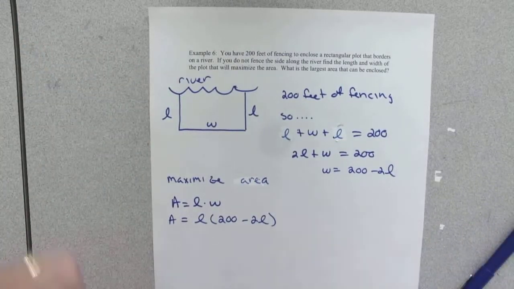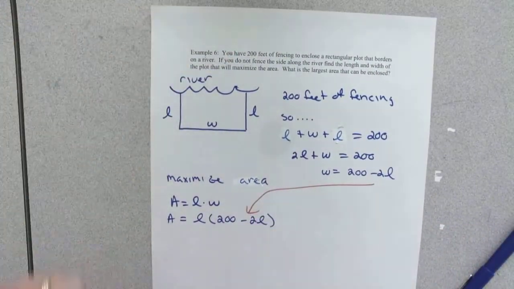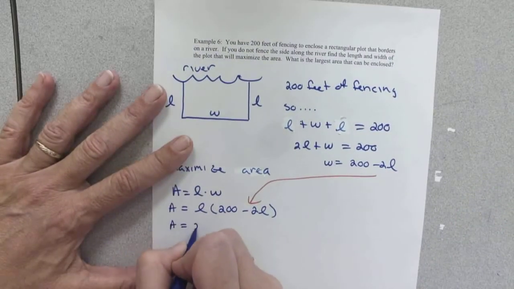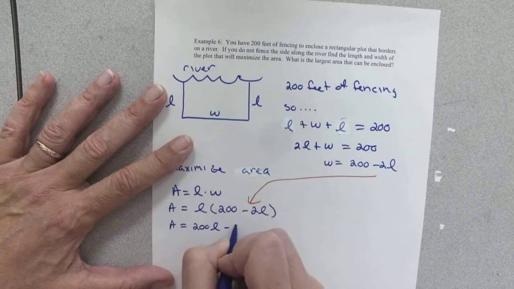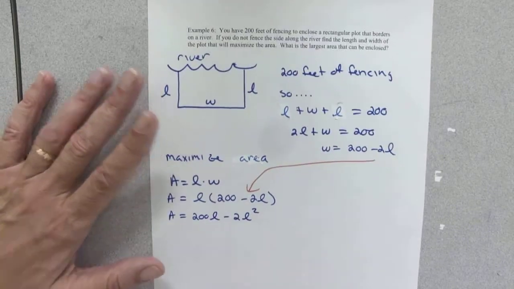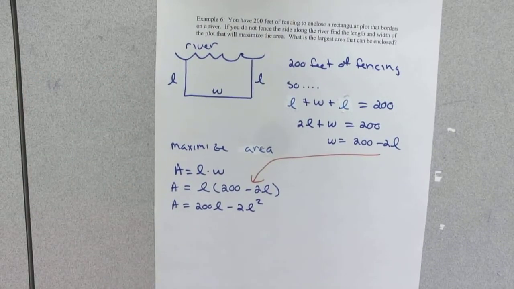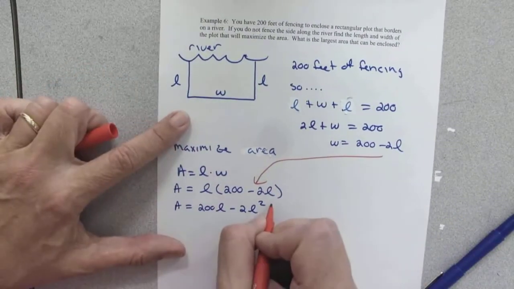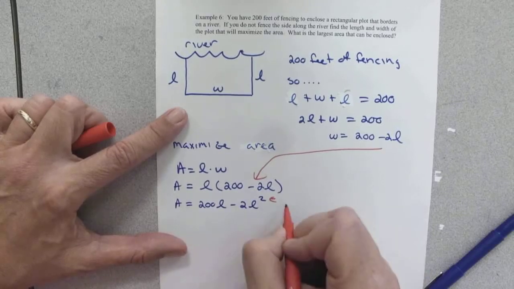And then I can take that over here, and we'll see why we did this in a minute. So I can just bring that over here, and then I can multiply this out. And if you don't like L's and W's, feel free to use X's and Y's. I just went with L's and W's because we got length and width. And notice this guy right here, exponent of 2.